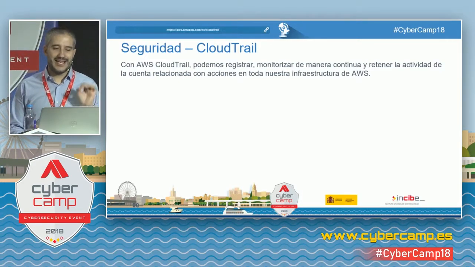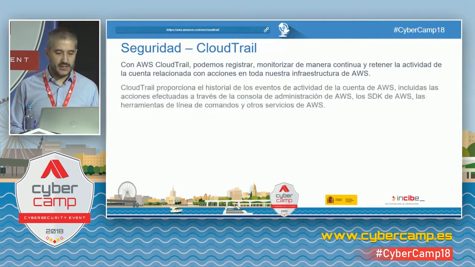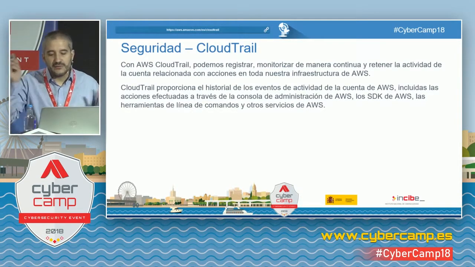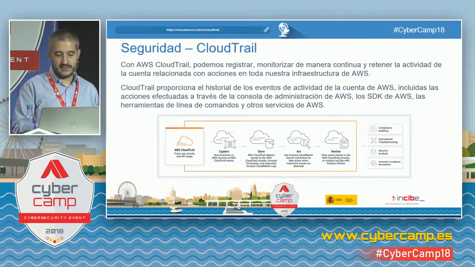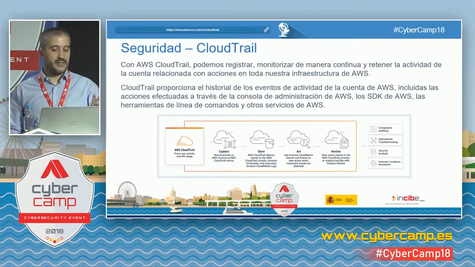So these are calls to the API, and every call on the API will produce a log. CloudTrail is the one that records all those logs and then shows them to us and gives us access to what we have. So basically, it works like this. CloudTrail records logs and stores them based on what we want it to do.